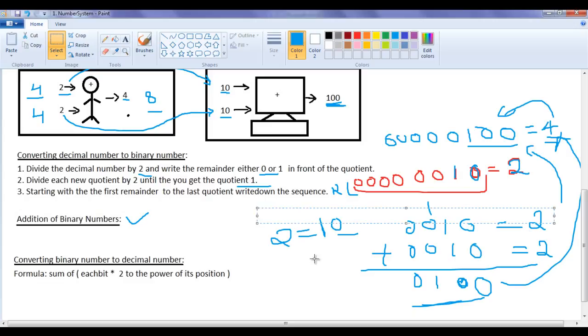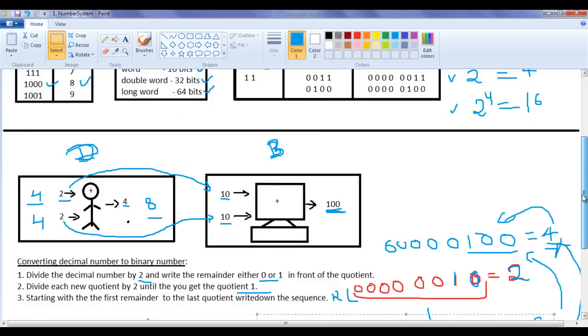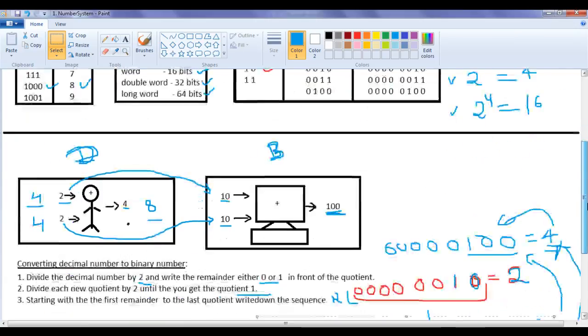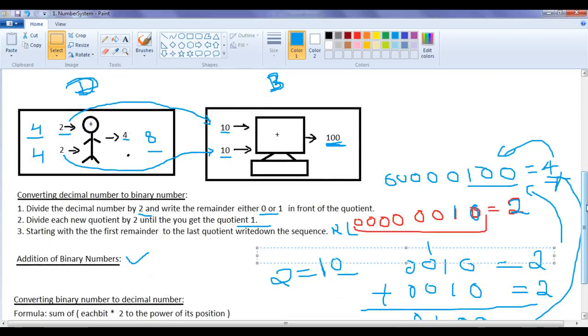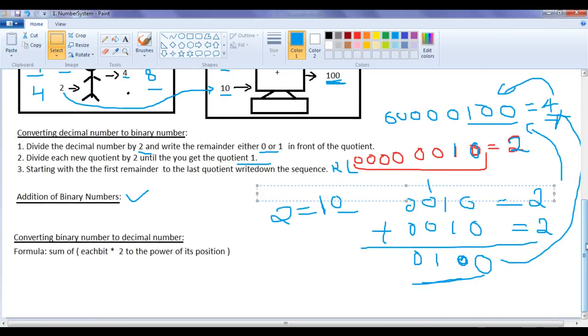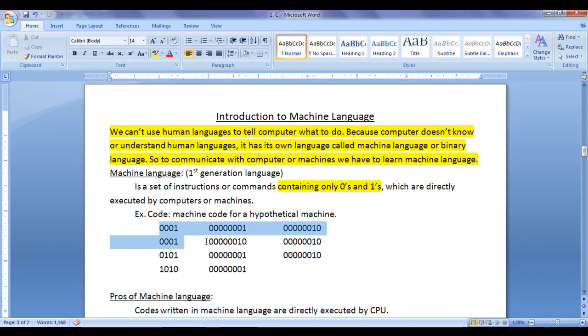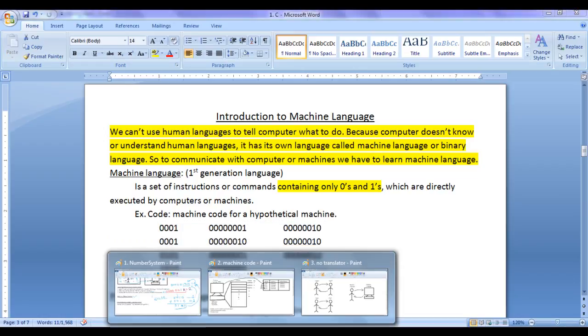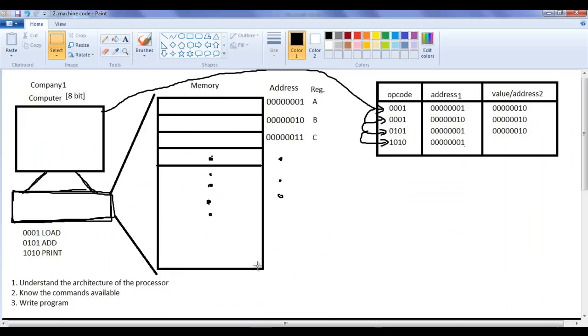Very good. So now we understood what the binary number system is, how to convert a binary number to a decimal number, and how to add binary numbers. Let's understand what this code means with respect to a hypothetical machine that we have here. Here I am taking a computer which is manufactured by some company 1, and it is an 8-bit computer.